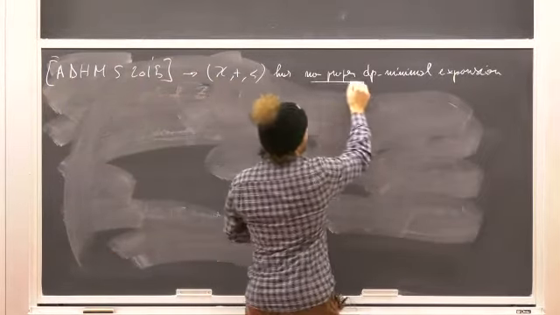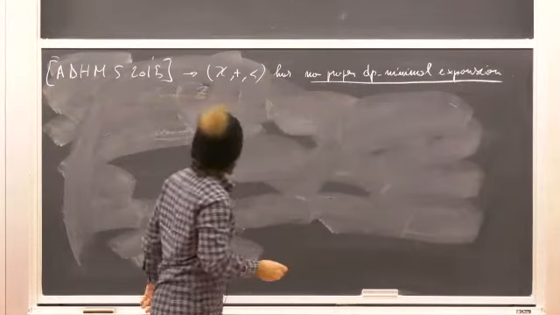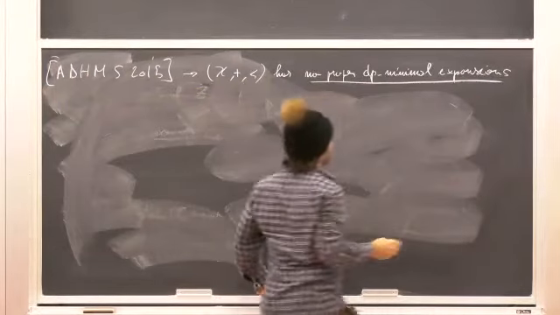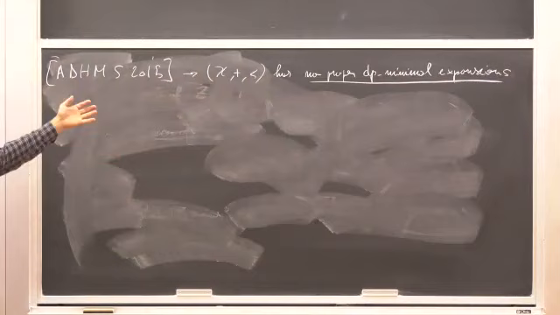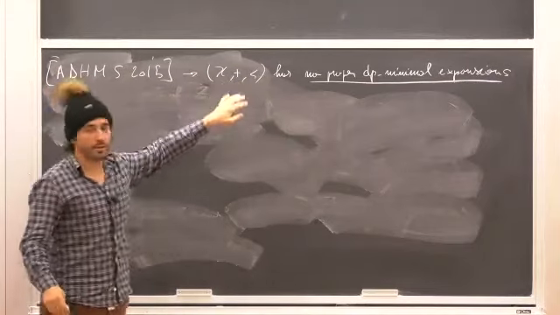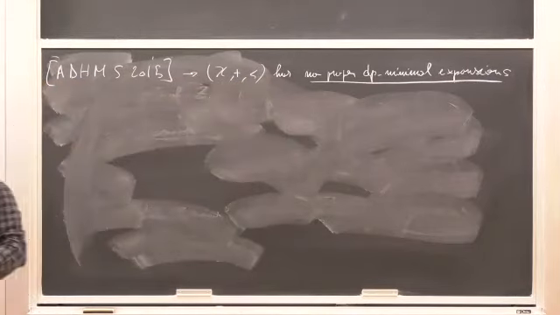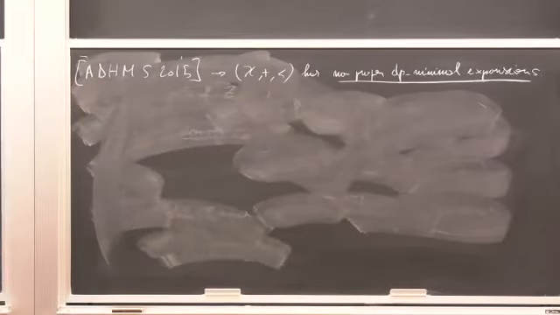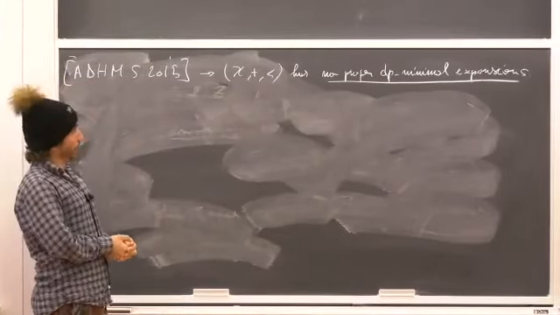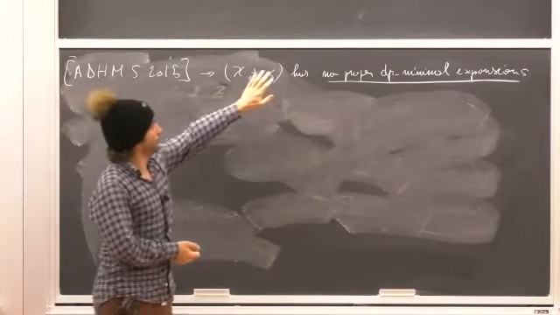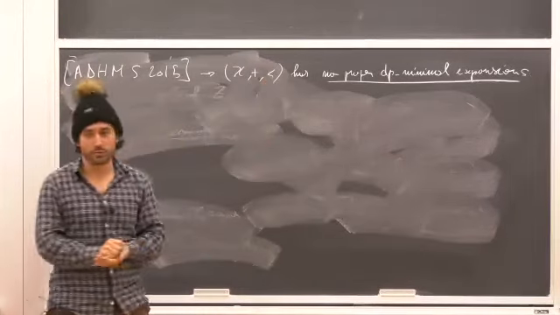So it has no proper DP minimal expansions. And at that time, this was the only DP minimal unstable expansion of the group of integers. It was the only one that was known.